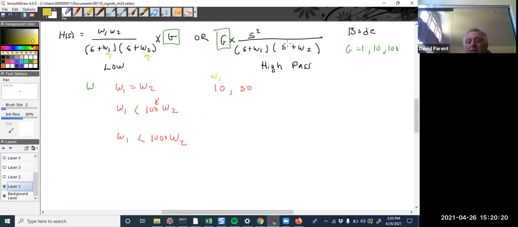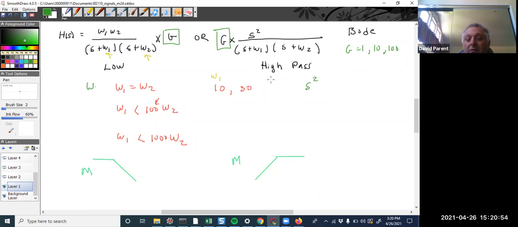So in this case I should see something like that, and in this case something like that, if we talk about magnitude. Now, when it comes to phase, if I multiply this out, the denominator is going to have an S squared in it.